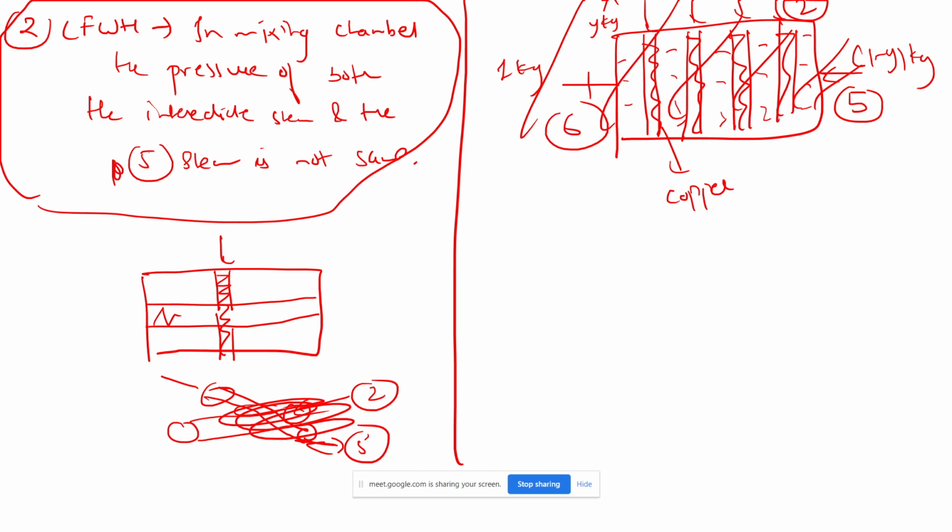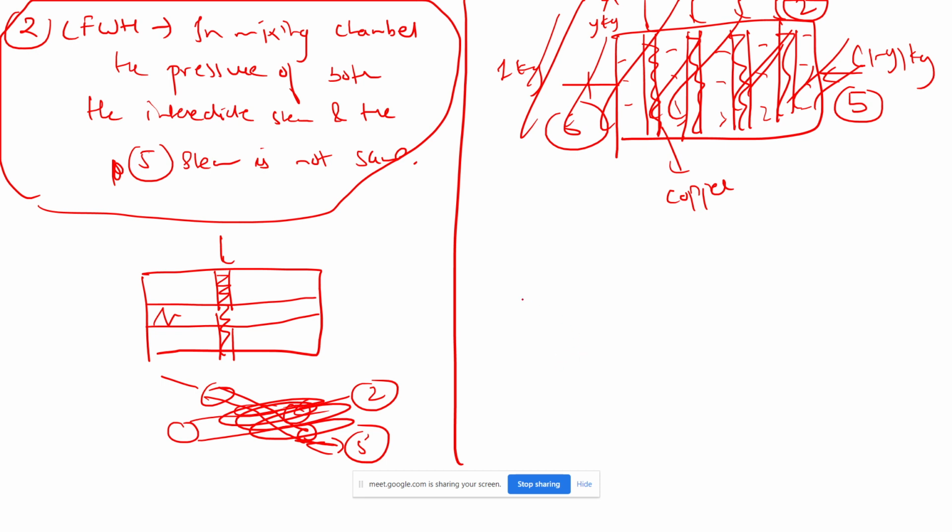At 6, how is it 1 kg? No, it is not. That's why I said that it is not the same, that's why I cut it down. Actually, what happens? Wait, I'll draw the diagram, then we'll solve the numerical.